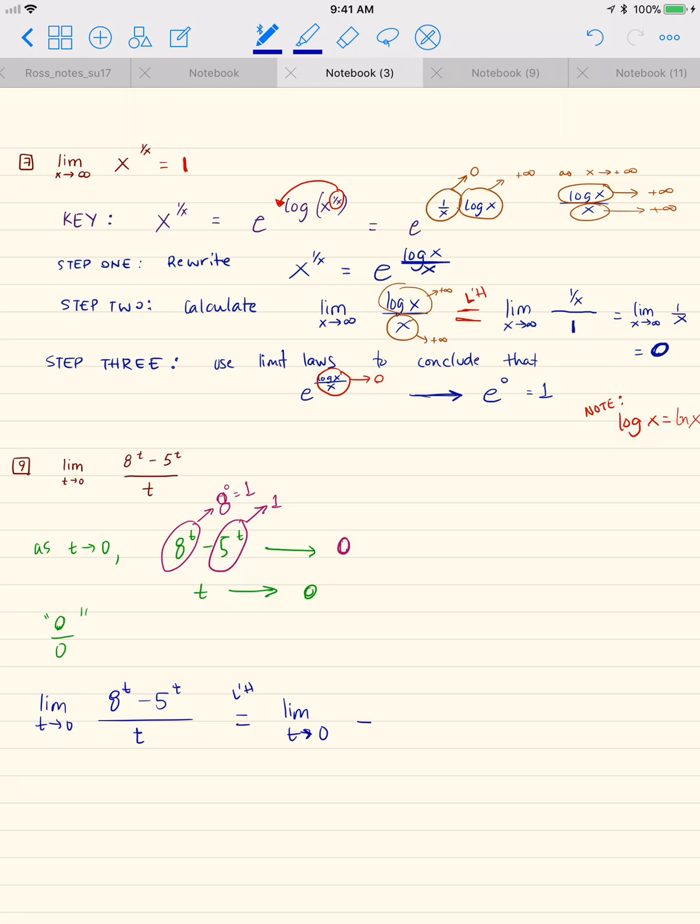Now, what is the derivative of the numerator? Well, we need to know the derivative of 8 to the t. That would be log 8 times 8 to the t. And the derivative of 5 to the t is going to be log 5 times 5 to the t. The derivative of the denominator is going to be 1.